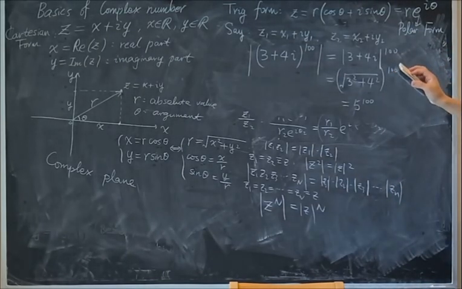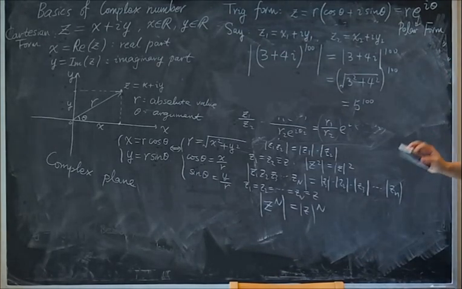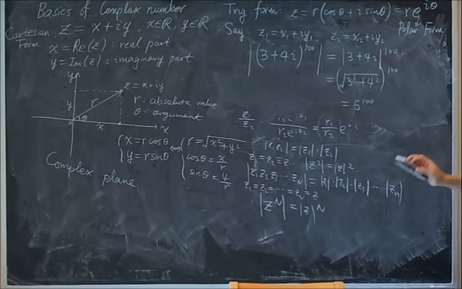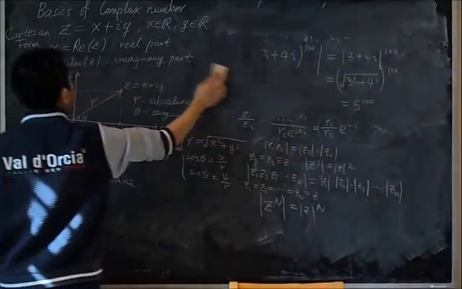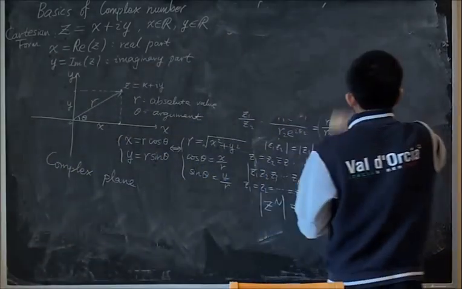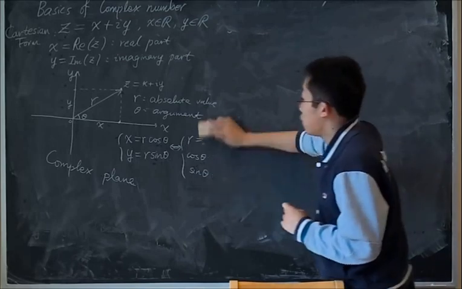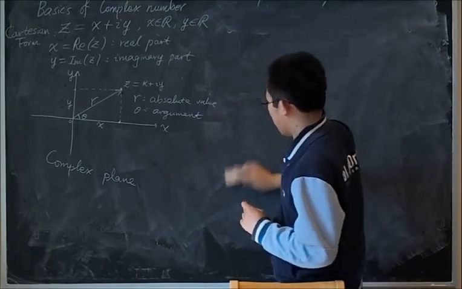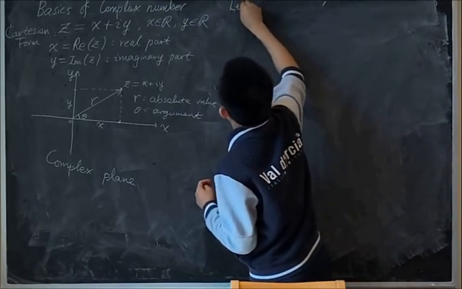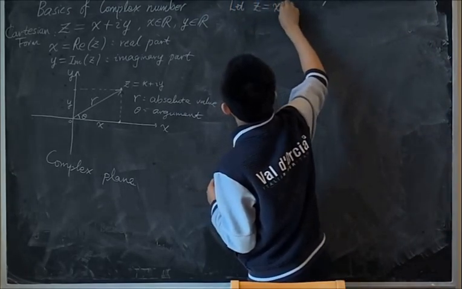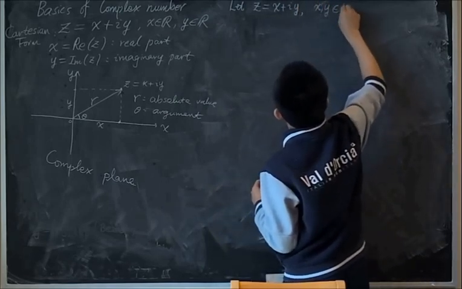And lastly, we are going to talk about another operation that is unique to complex numbers, which is called complex conjugate. Okay. So, complex conjugate actually refers to, for example, z equals x plus iy, and as always, x and y are both real numbers.